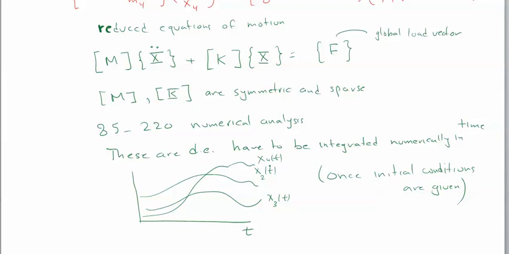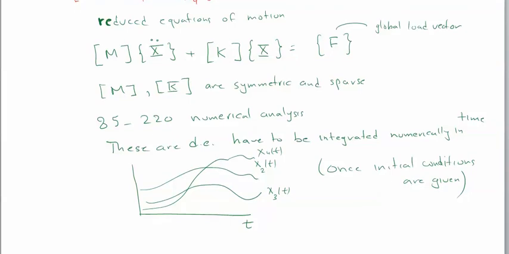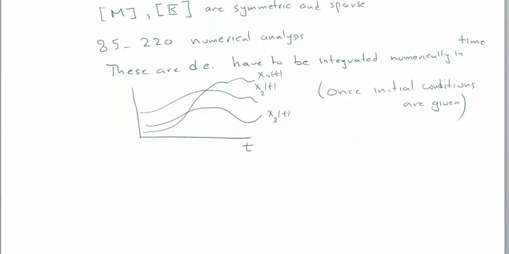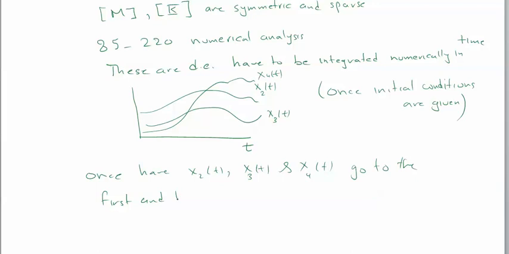Now, when you get x2, x3, and x4, you can go to the first row and the last row of the system of equations that we discarded. Once you have x2, x3, and x4 completely, go to the first and the last equations of your global system.